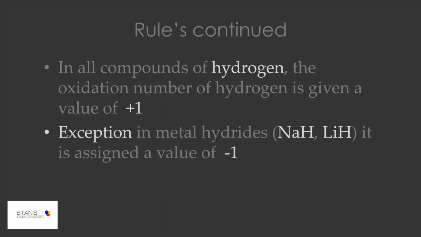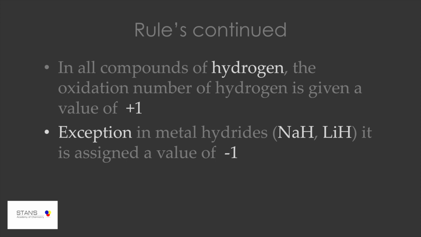There are certain exceptions, and the exceptions are metal hydrides. Sodium hydride and lithium hydride are examples where hydrogen is the more electronegative element and the metals are the ones that are more electropositive. Therefore, hydrogen gains an electron and forms the hydride ion, when you have 2 electrons in the first shell.